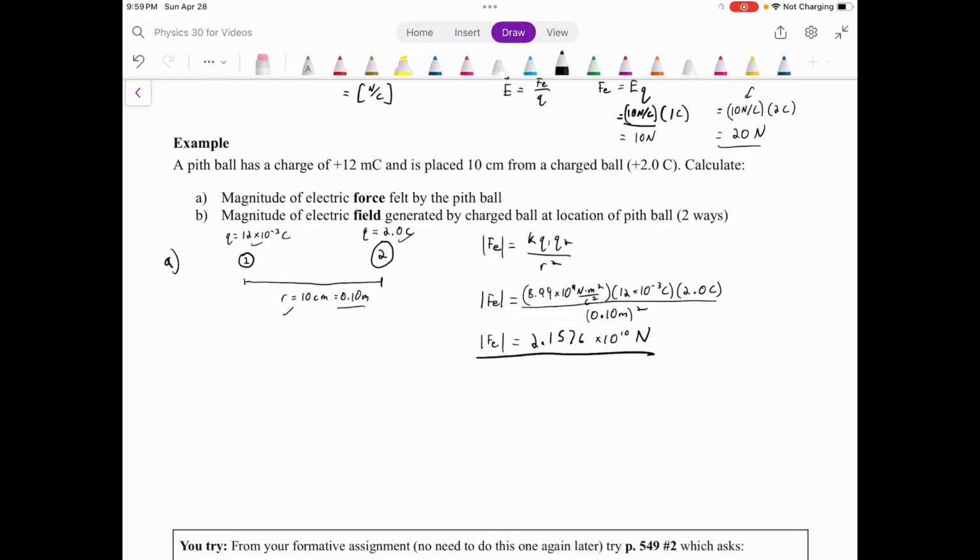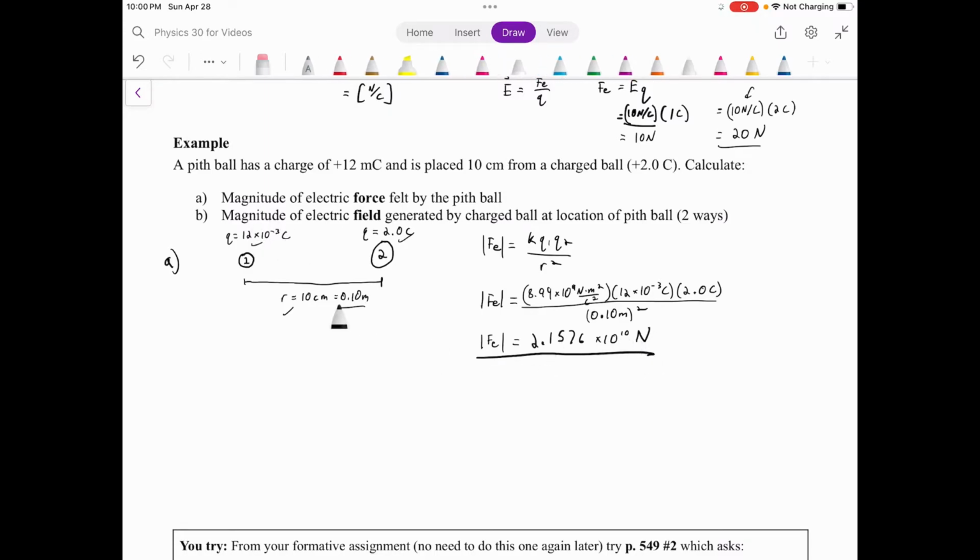That is a really big number, but remember, the electric force is really strong, right? So it's actually not that surprising. And honestly, 2 coulombs is a lot of charge. Remember, 1 electron or 1 proton has 1.6 times 10 to the negative 19 coulombs of charge. So this is actually a lot of charge, so a very strong electric force is actually not as surprising as that seems. Now, it just asked for the magnitude, so, I mean, we could give the direction if we wanted.